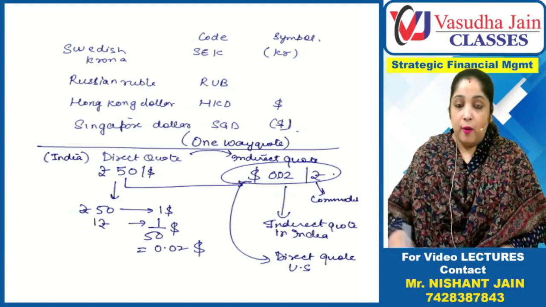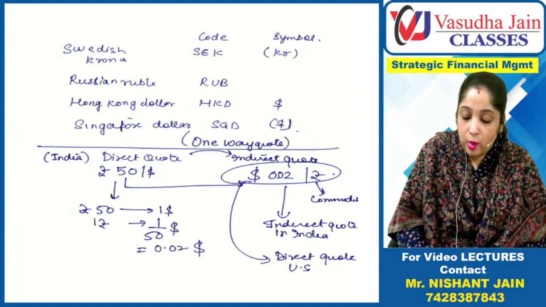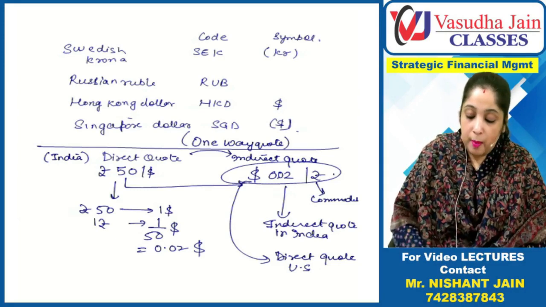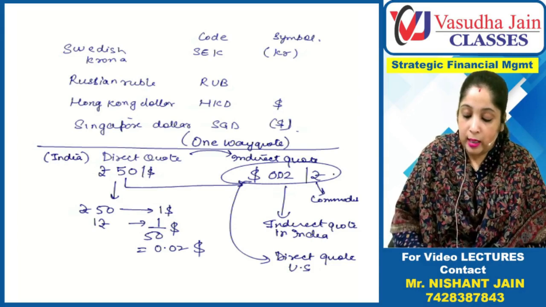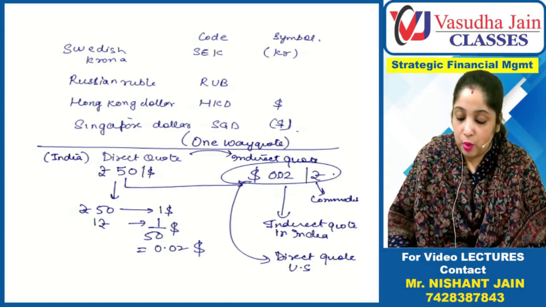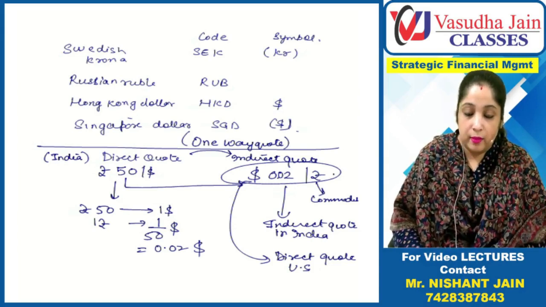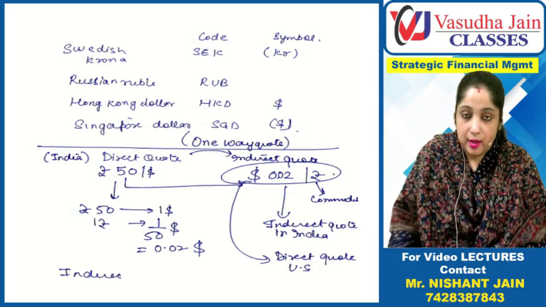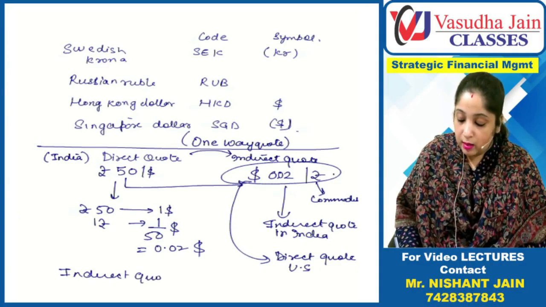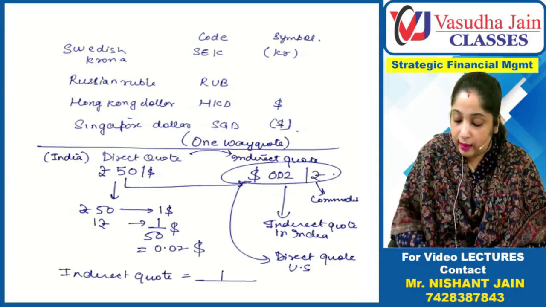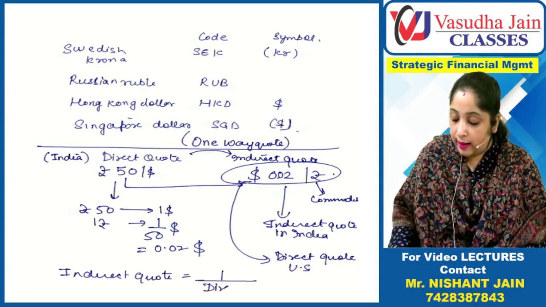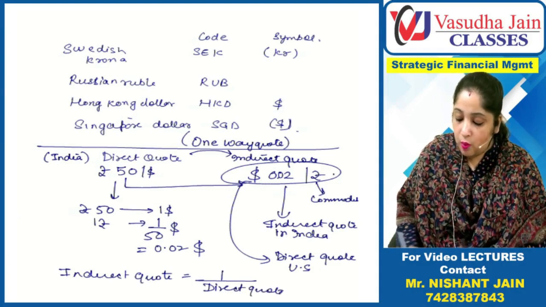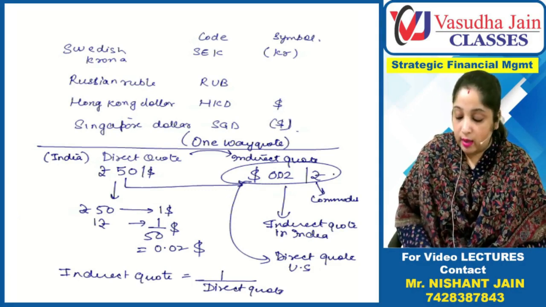price. Now what I want you to understand is how you converted a direct quote into an indirect quote: by making the price the commodity and the commodity the price. How did you do it? You divided one by the direct quote. So if I want to reverse the quote, the simple rule is you divide one by the direct quote, or you just reverse it.